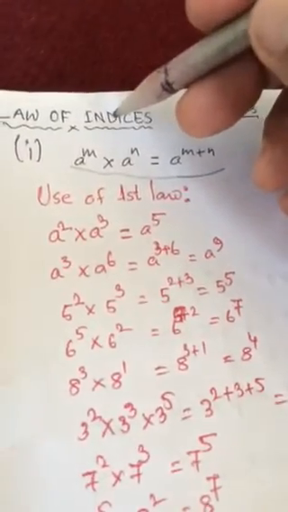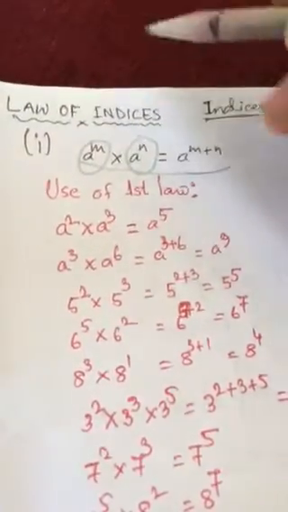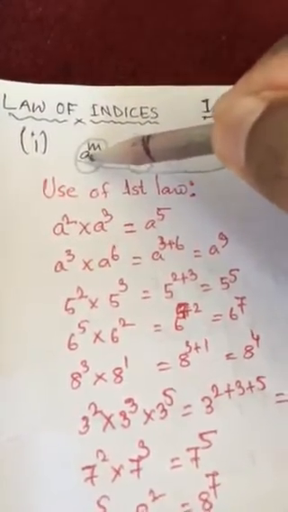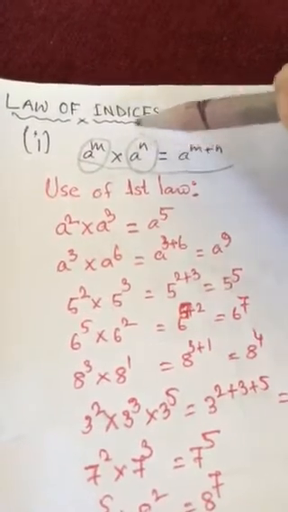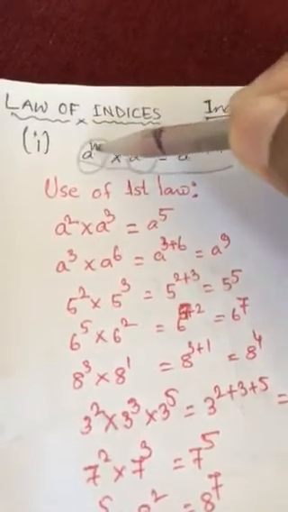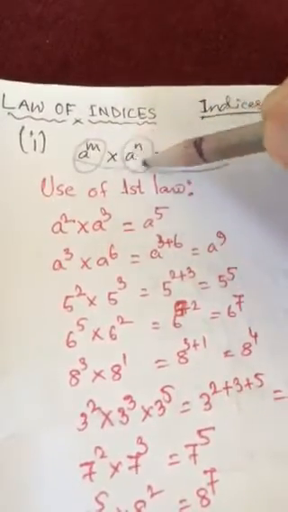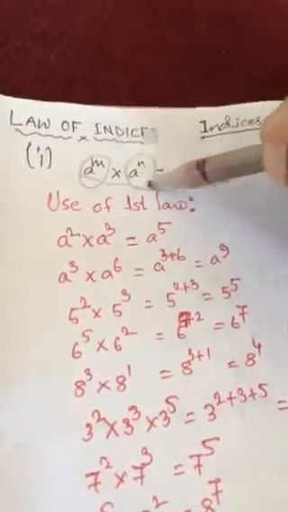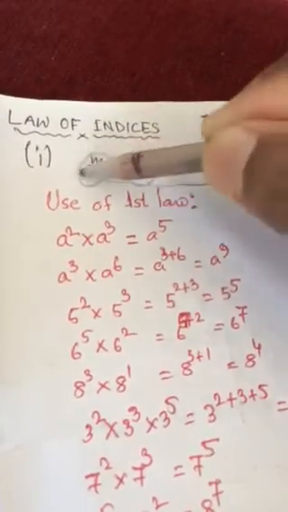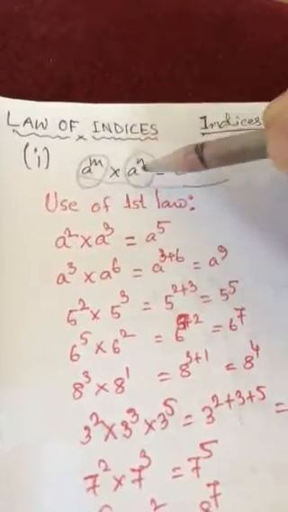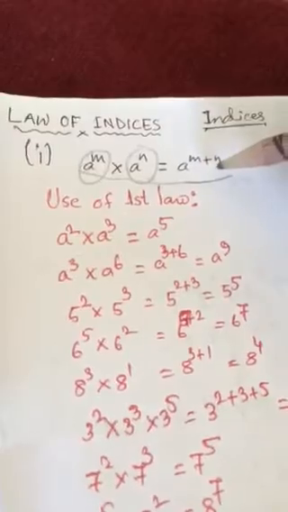Index form is also called exponential form. So this is called exponential form, and this is also called exponential form. Here you see the base is a, the power is m; the base is a, the power is n. When we multiply two exponential forms, or two indices, of the same base, then the powers are added, which we have already learned in the junior class.